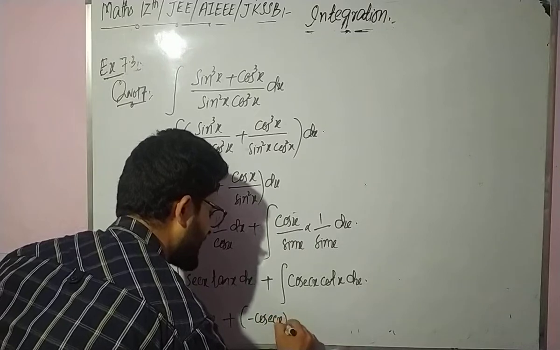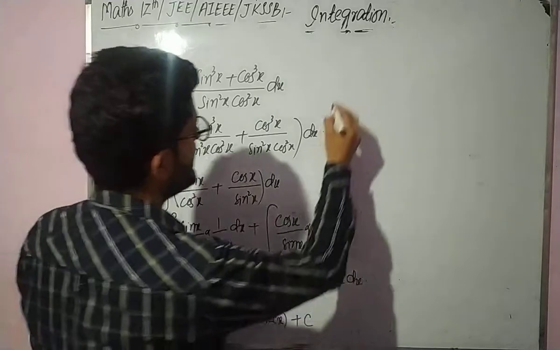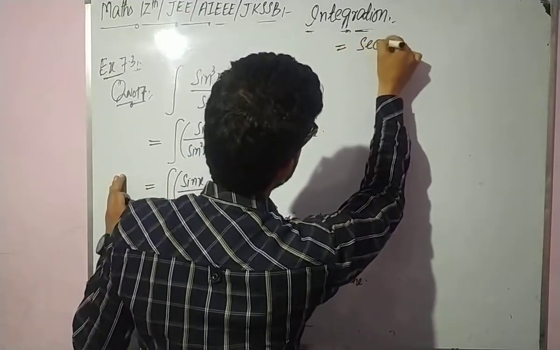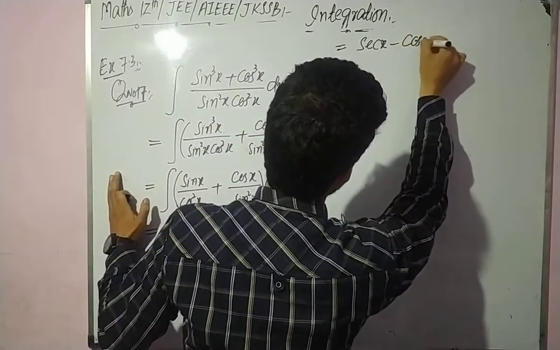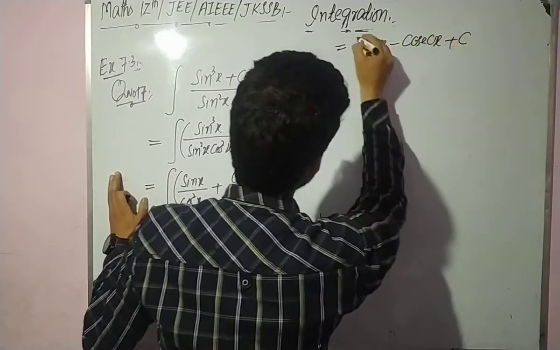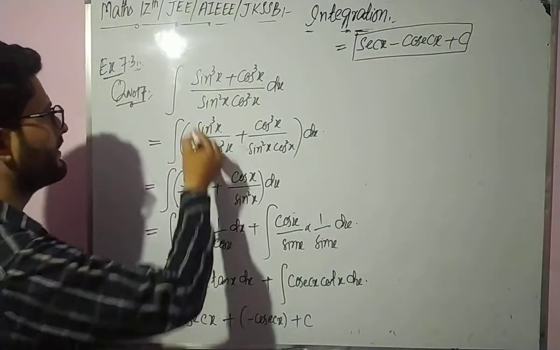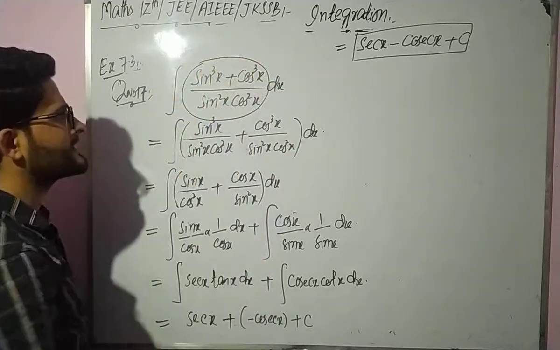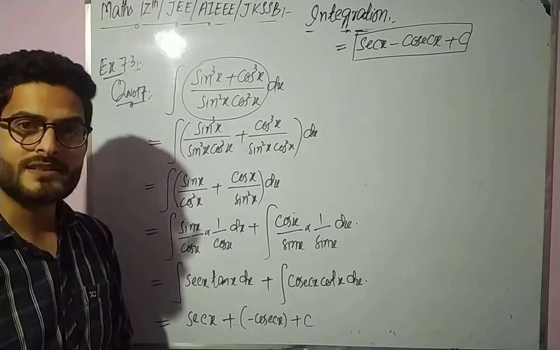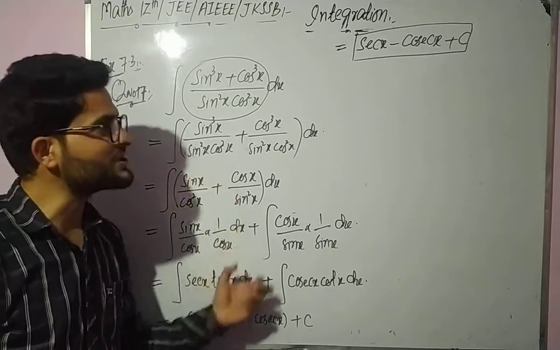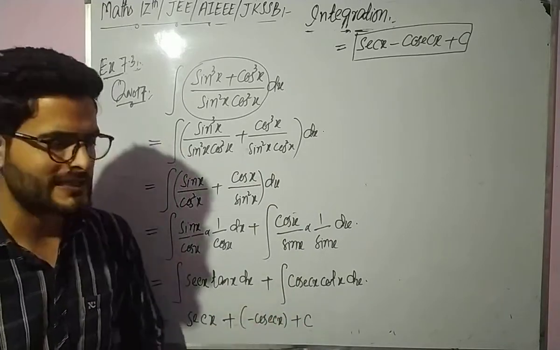So minus cosec x plus c, the constant of integration, and the final answer is sec x plus into minus is minus, so sec x minus cosec x plus c would be nothing but the required antiderivative, the required integral of the function sine cube x plus cos cube x divided by sine square into cos square, which was not in the standard form, but with the proper procedure we have reduced it to the standard form, and after that its antiderivative has been obtained.